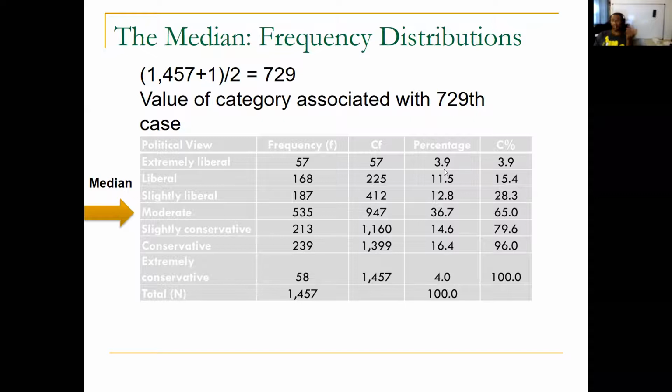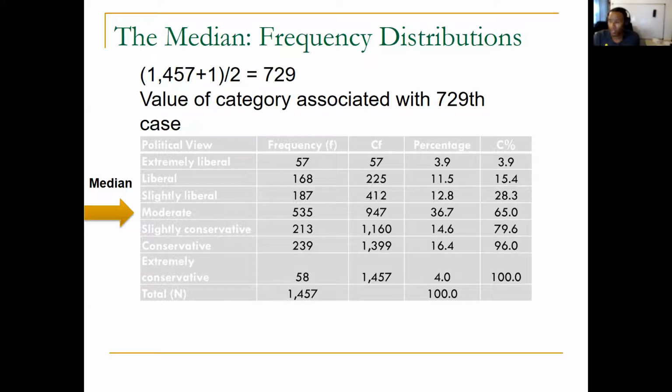Now you can also find any percentage. For example, let's say I wanted to find the 50% mark, which is the median, right? Because the median is the exact middle of the distribution, so it's the 50% mark. So you can also do this with cumulative percentages. If you're trying to find cumulative percentages, obviously add the percentages up. When you're finding the median, you need to find that exact 50% mark.